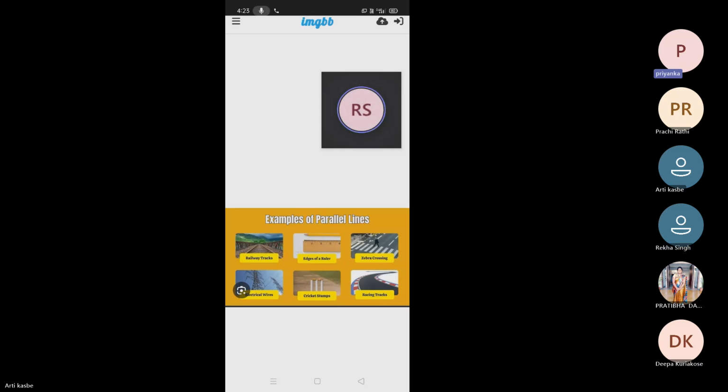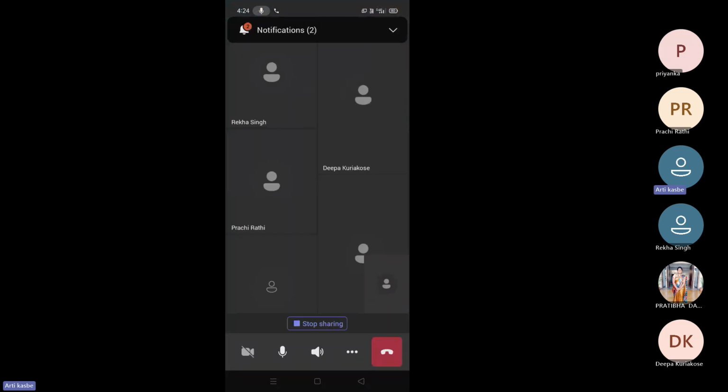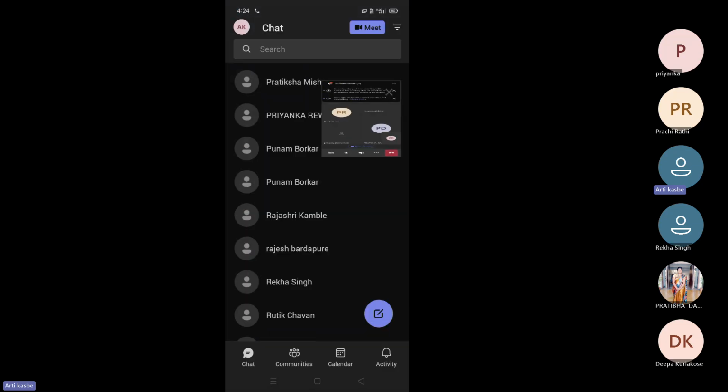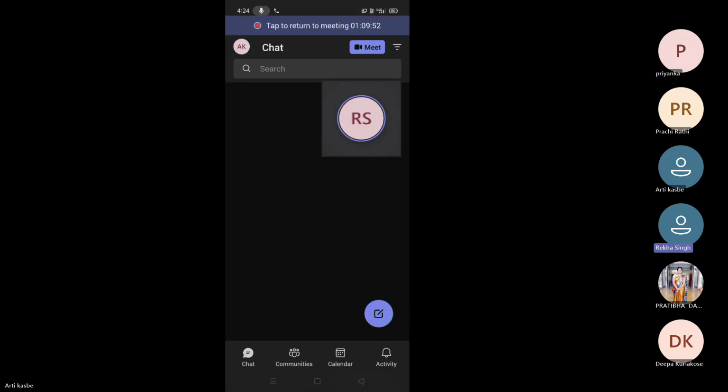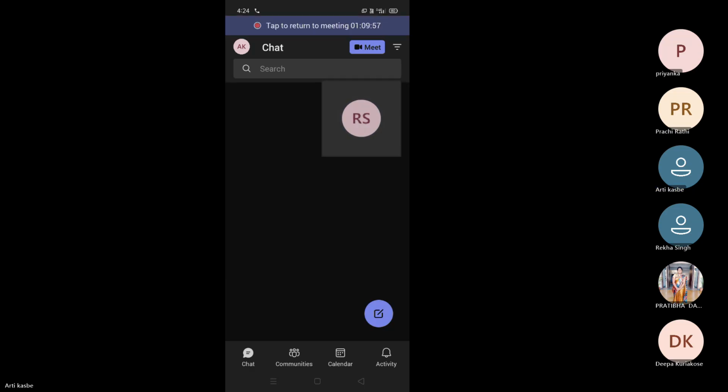What can we say that across line? Intersecting. Yes, we can say that intersecting. Also, we can say that this line is a transversal line.